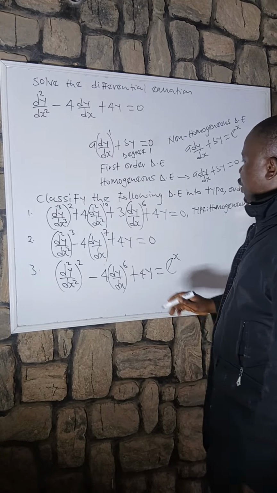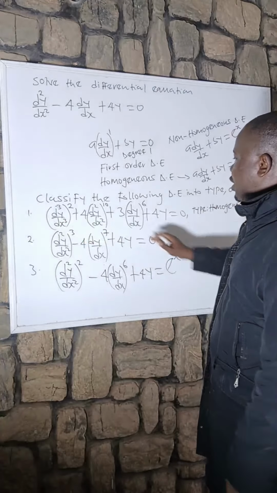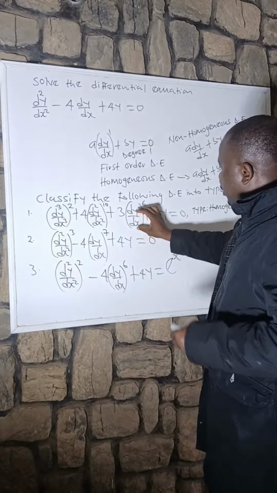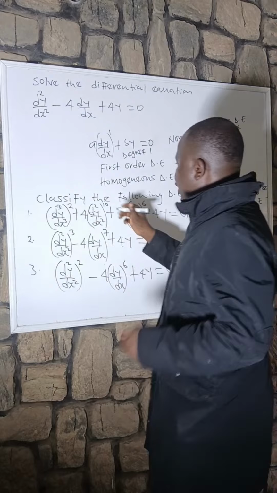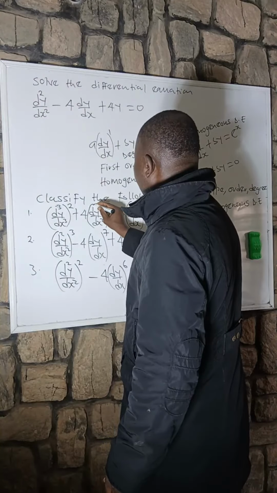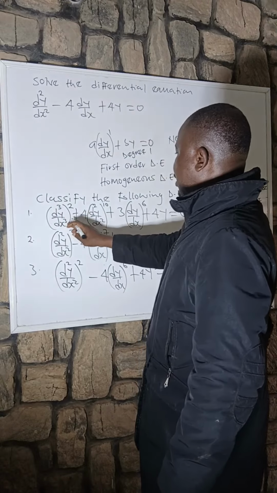Then they said order. The order of this differential equation. Look at what is inside the bracket. Ask yourself, which one is the highest? We have d squared, we have d raised to power 3, dy over dx.